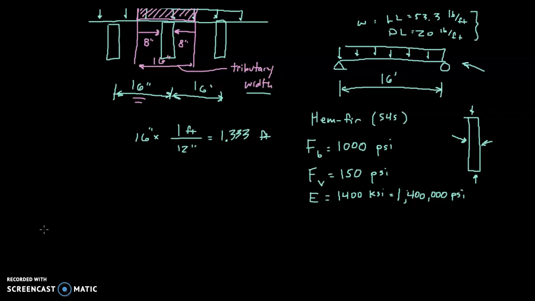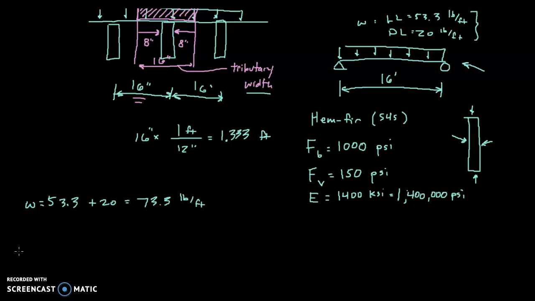In terms of the section modulus, I'm going to combine the two loads together. So the total load W is going to be 53.3 plus 20 equals 73.3 pounds per foot.